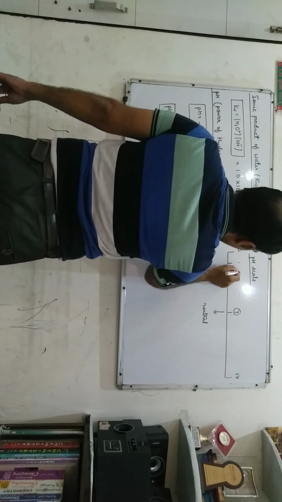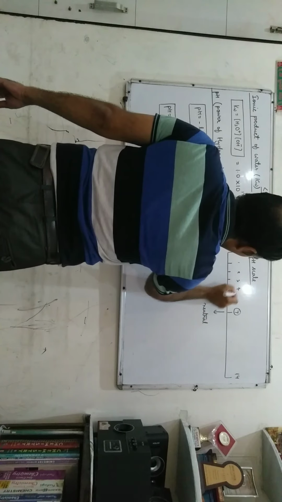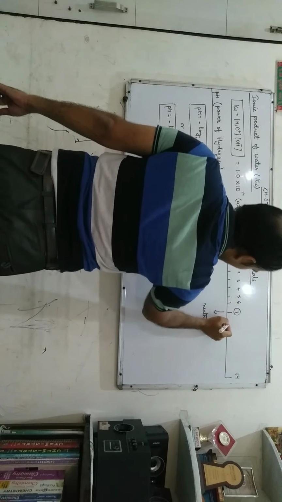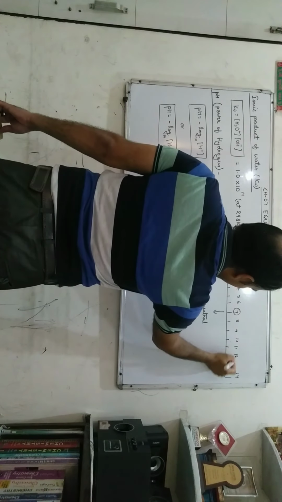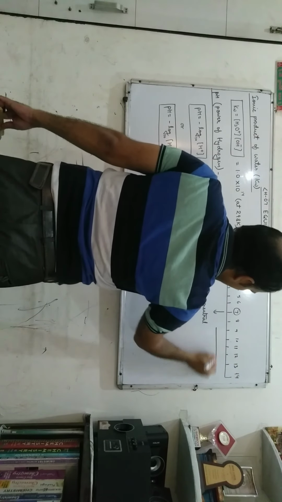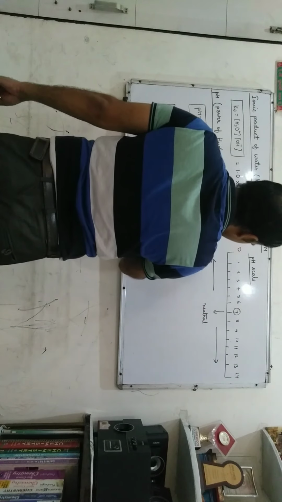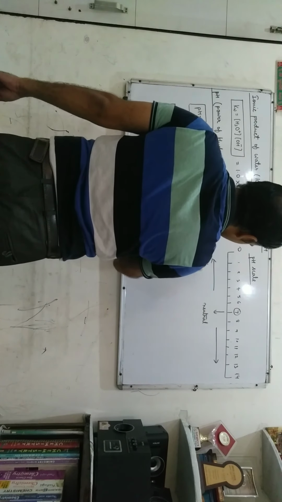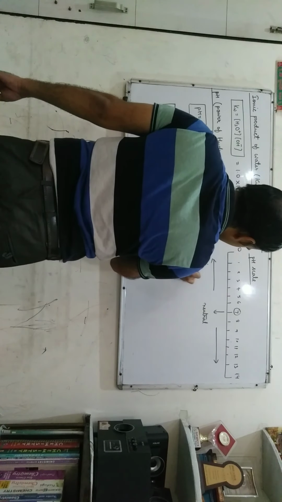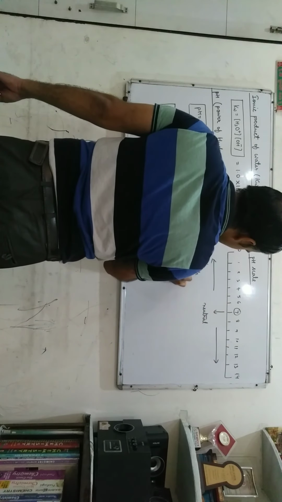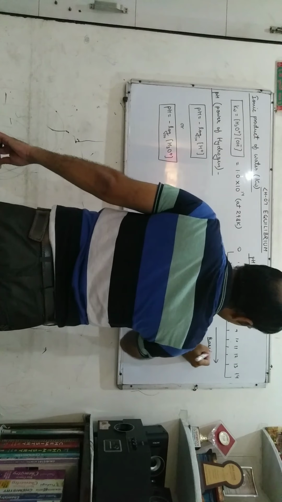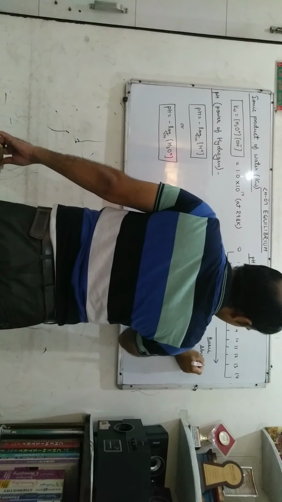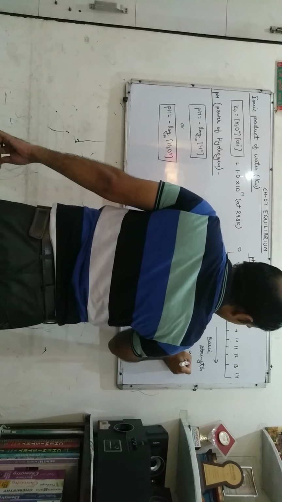Here 1, 2, 3, 4, 5, 6: the acidic strength increases. Here the basic strength increases.